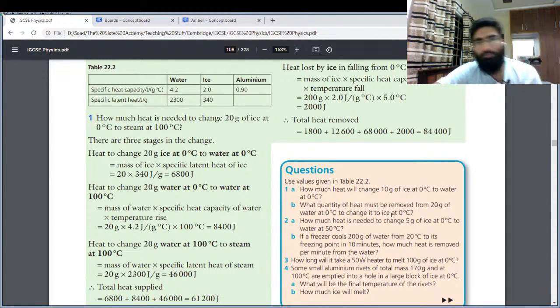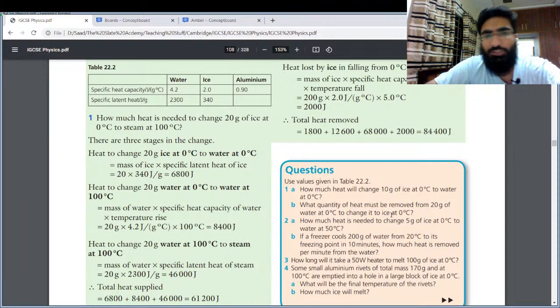But the question is, should I take the 2300 or 340 as the specific latent heat?